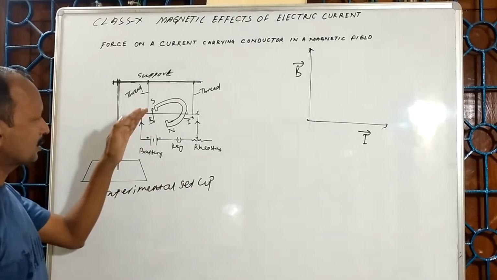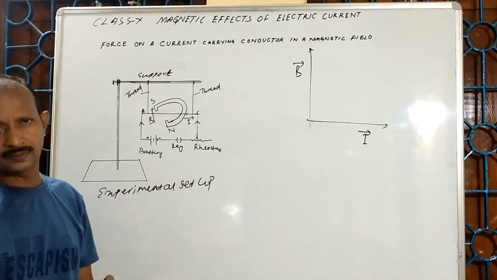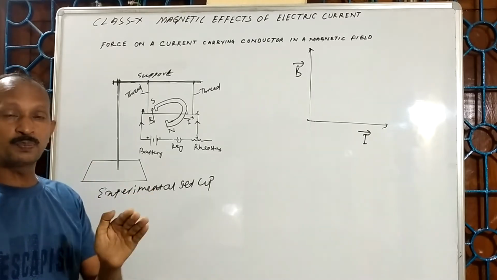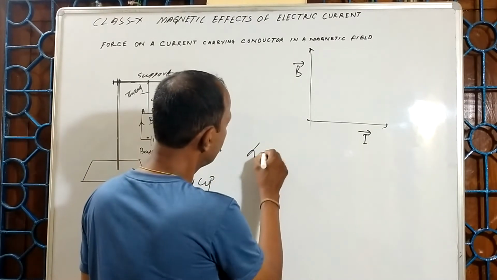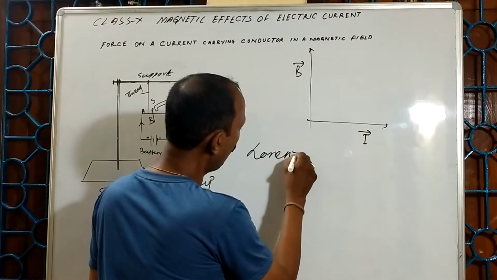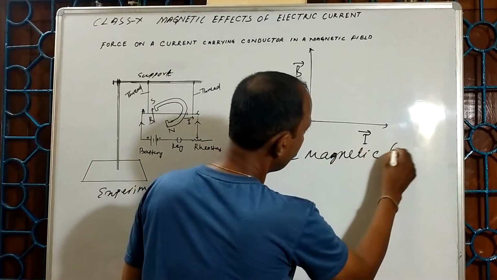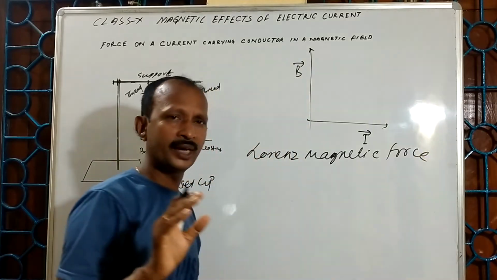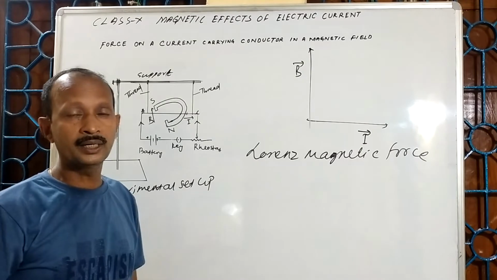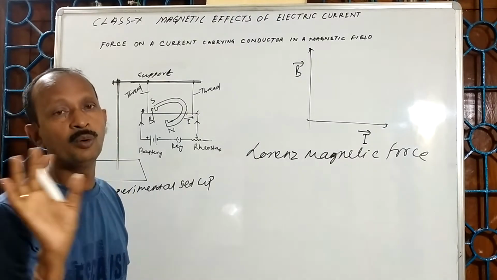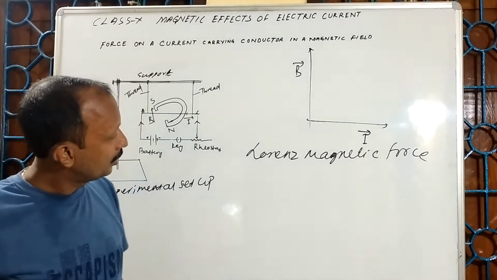So, when this current carrying conductor is placed in a magnetic field, according to Lorentz, the charged particle experiences a force, which we call the Lorentz force, or Lorentz magnetic force. So the current carrying conductor definitely experiences a force. How does it experience force? See here.